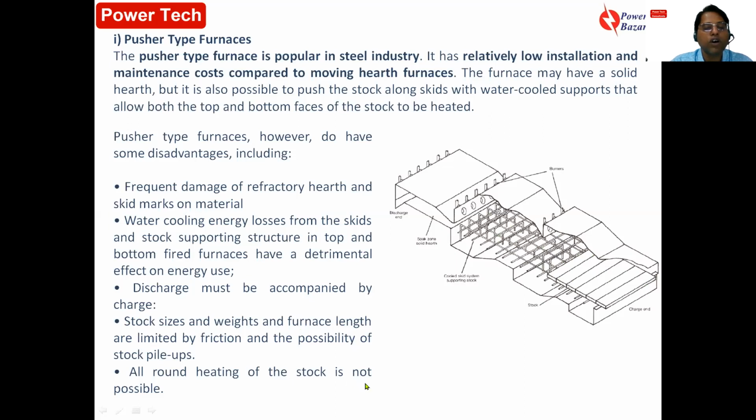All round heating of the stock is not possible since it is moving and the bottom portion cannot be exposed to the heat or burner. Therefore, uniform heating is not achieved. Plus, since there is a limitation in pushing the materials, the size, weight and furnace length are limited. You cannot have a very big furnace of the pusher type.